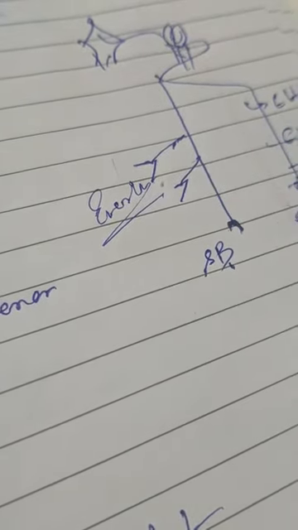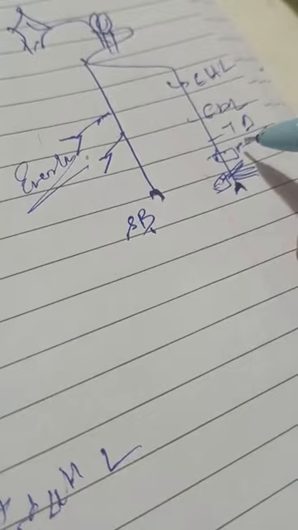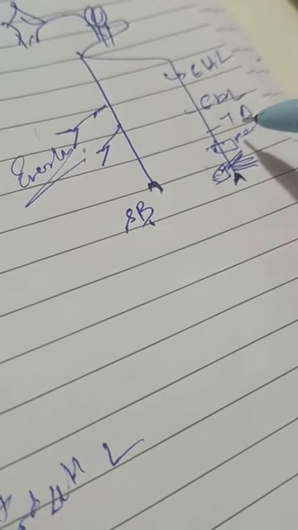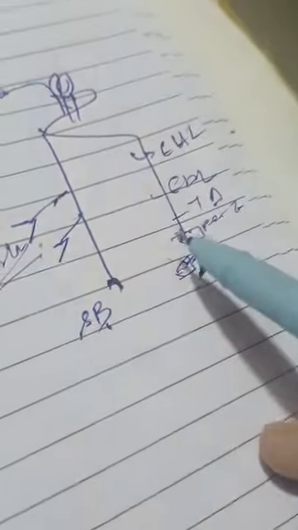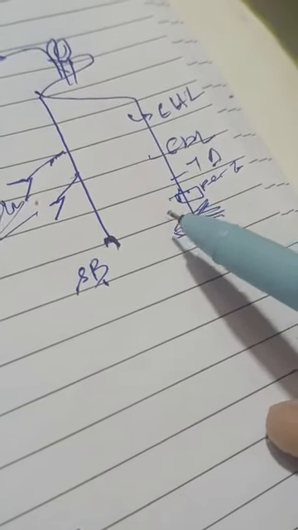And all the anterior compartment muscles are dorsiflexors or extensors. Posterior compartment muscles are plantar flexors, and anterior compartment muscles are dorsiflexors. No, sorry, posterior compartment muscles are the plantar flexors. Sorry for that. Anterior compartment muscles are all the dorsiflexors.